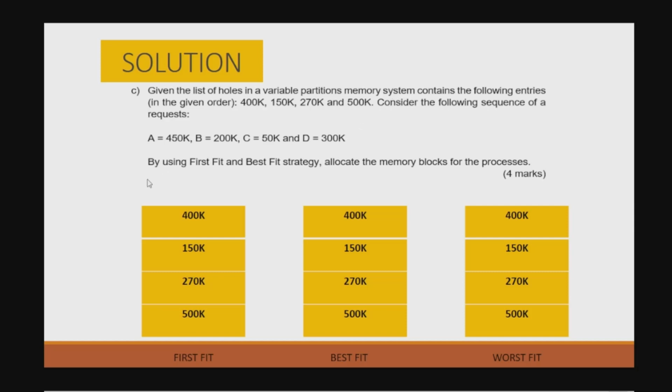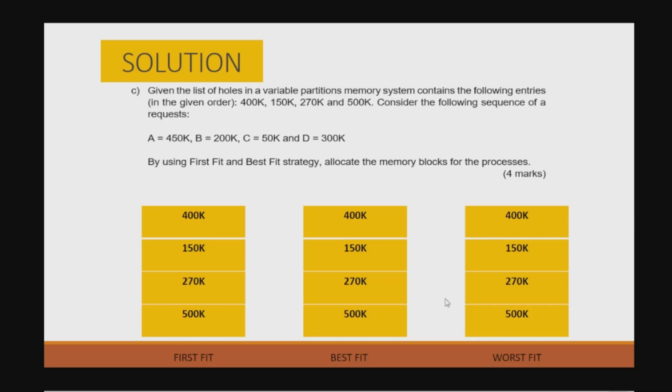So we can draw a diagram. This one refers to the computer memory, the main memory, and then we create partitions. One block 400k, then 150k, then 270k, and 500k. You can draw for the first fit, the best fit, and the worst fit. So this is the starting point.